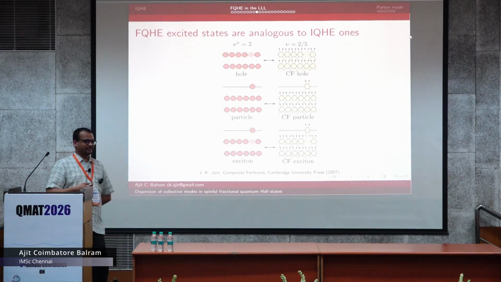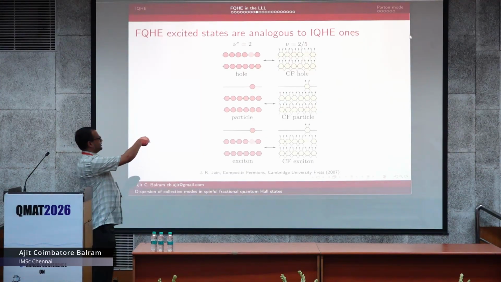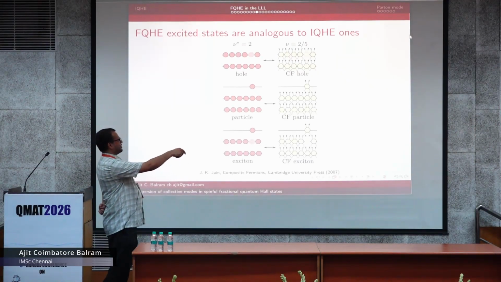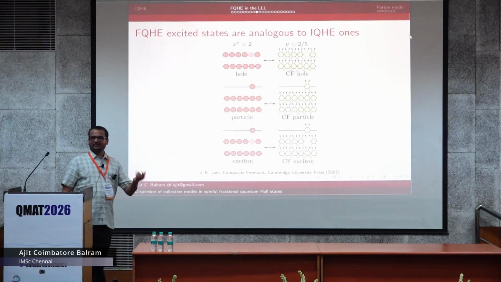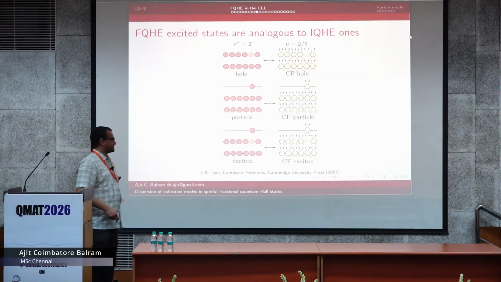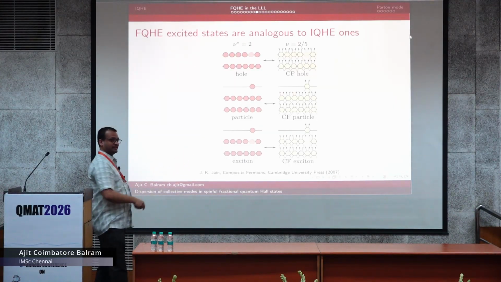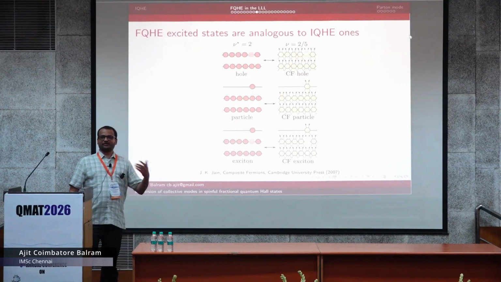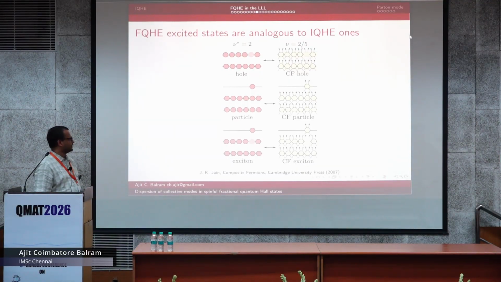And a particle excitation in the same language will be like an extra electron in an otherwise empty Landau level, and that becomes like an extra composite fermion in an otherwise empty lambda level. And now if you put these two things together, you get an exciton in the integer language, which now becomes like a composite fermion exciton in the fractional language.